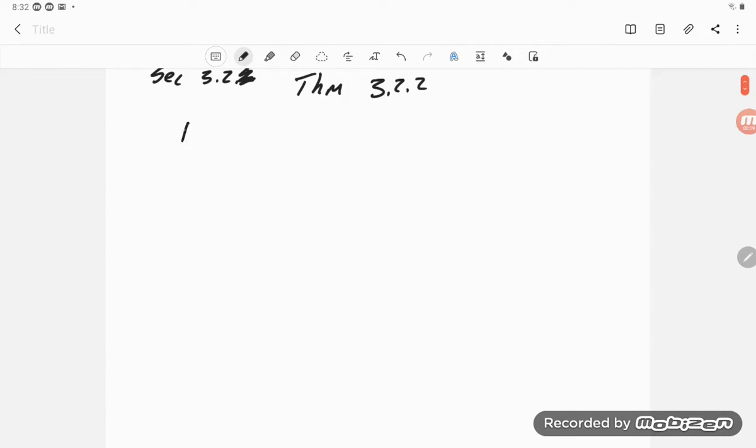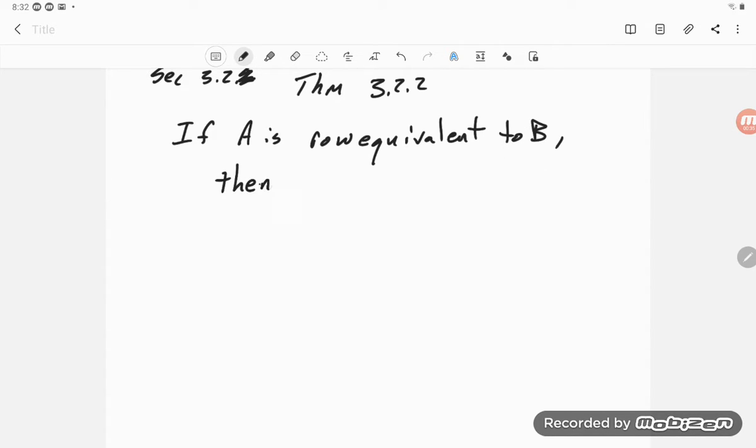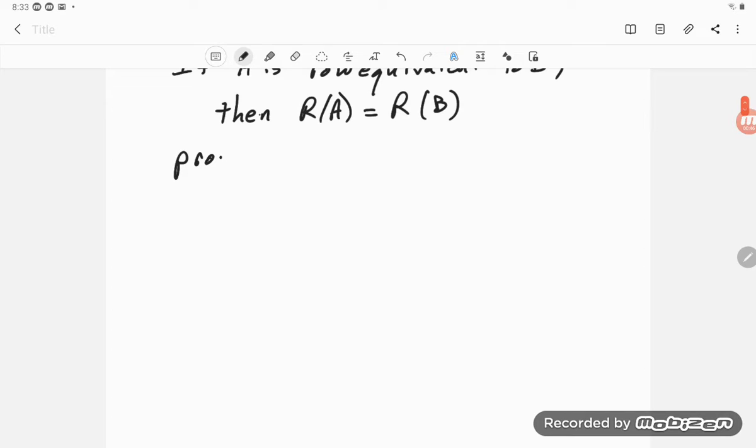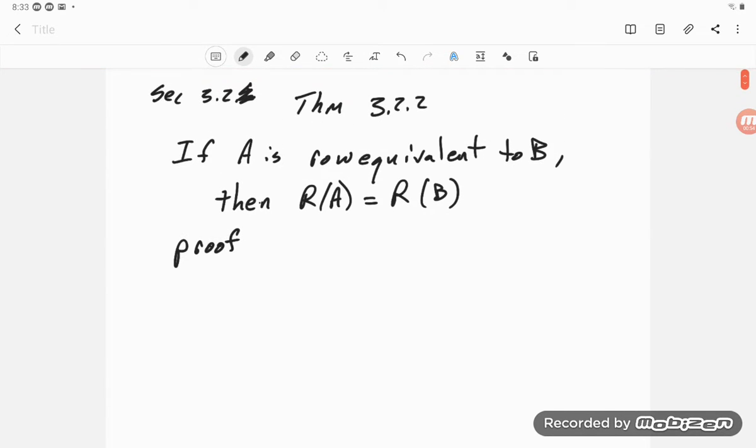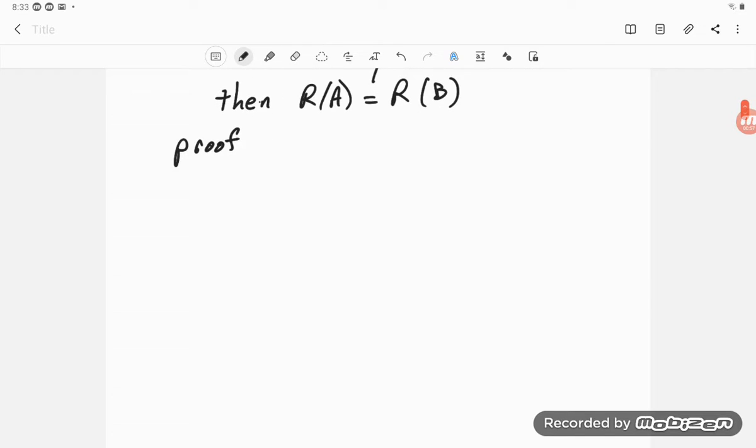Here it says if A is row equivalent to B, then the row space of A is actually the same subspace as the row space of B. Okay, and for the proof, we're just going to use our theorem 3.2.1 to get this theorem 3.2.2.